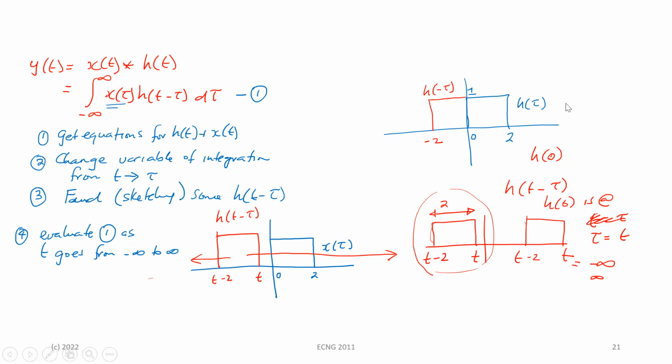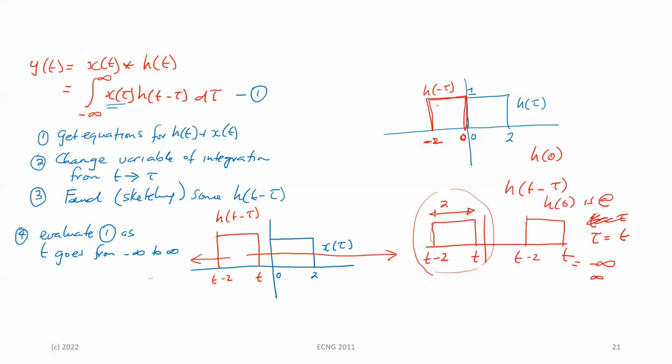So when we flip it around, you understand that h minus tau is this red bit here, right? That part is clear. Yes, sir. Right, and h has a width of 2 units, so h minus tau will run from here to minus here when you flip it, 0 to minus 2.